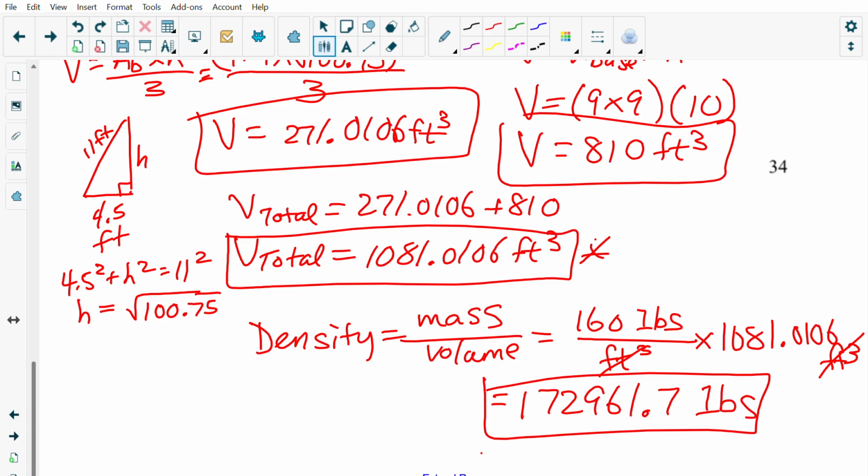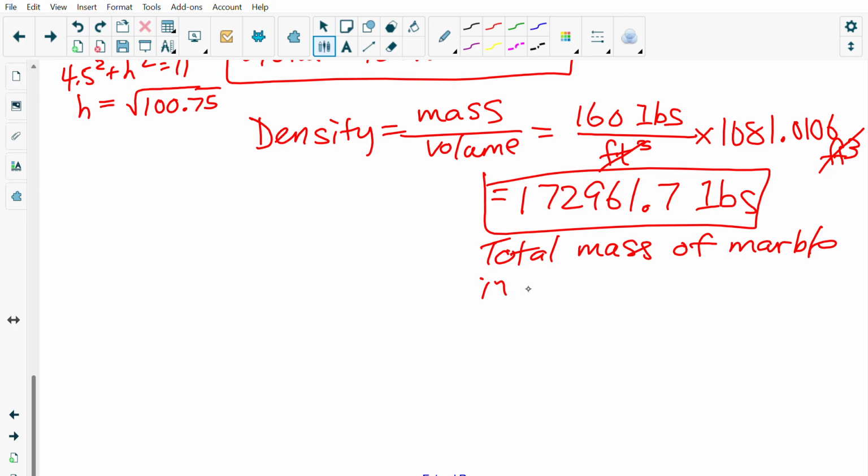That's the total mass of marble in the monument. All right.